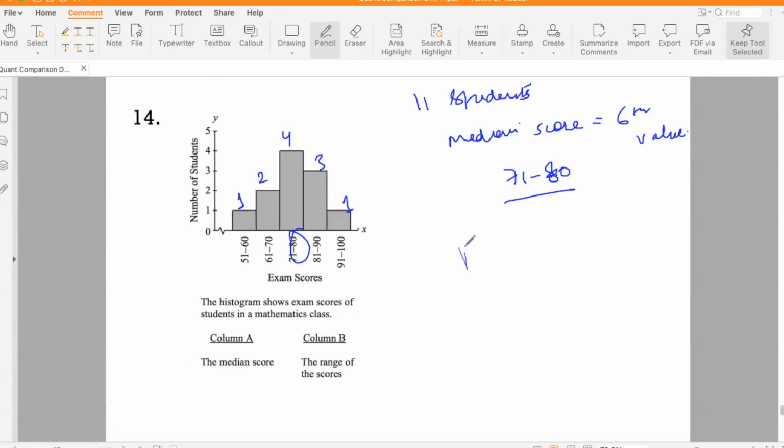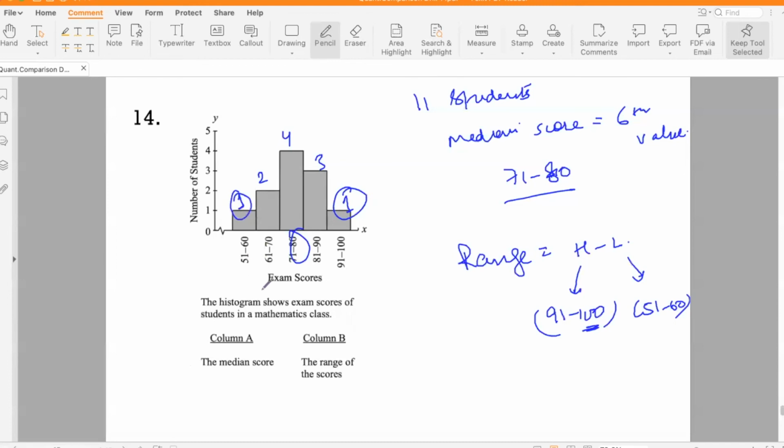Now the range, right? So range is highest minus lowest, and highest is in the 91 to 100 range, and lowest is in the 51 to 60 range. So let's say that this one student in the final bracket got 100. I'm taking the maximum possible. And this one student in the first bracket, 51 to 60, got 51, right?